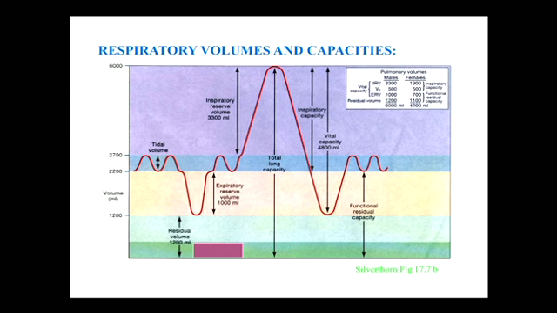Now the reason I'm focusing on that is that it becomes clinically relevant. And we'll talk about that in later lectures, but certainly if you have a disease where your lungs are not as elastic as they should be, you'll have a small vital capacity because you can't stretch your lungs as much.